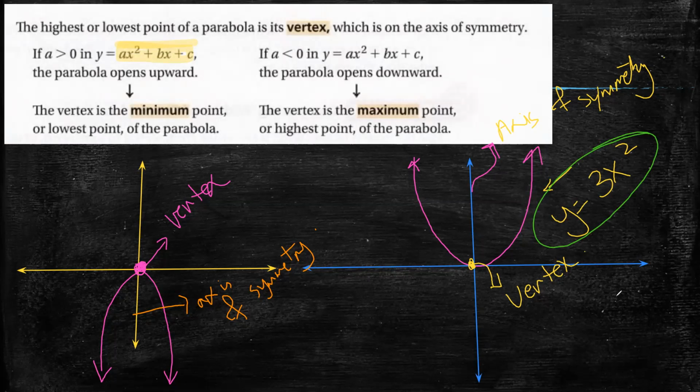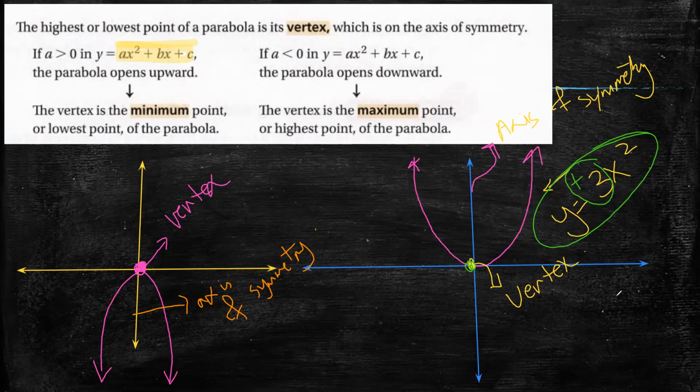What is a? A is the number that is multiplied by x squared. If a is positive, the parabola opens upward, as you see. And since the parabola opens upward, the vertex is the minimum point, or the lowest point of the parabola.